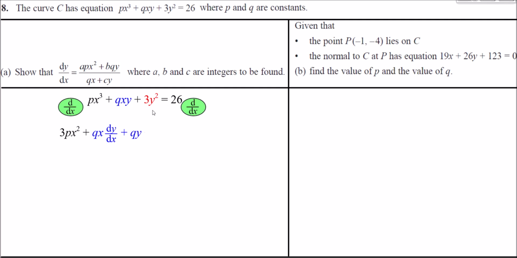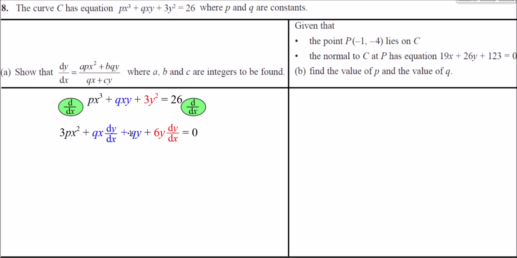So because 3x squared differentiates to 6x, 3y squared will differentiate to 6y with a dy by dx stuck on the end. And then if we differentiate the right hand side, quite obviously, the 26, because it's a constant, will just differentiate to 0. So that arguably is probably the most difficult step to show. It is a show that question, so we need to show that this differentiates to this in the first instance.